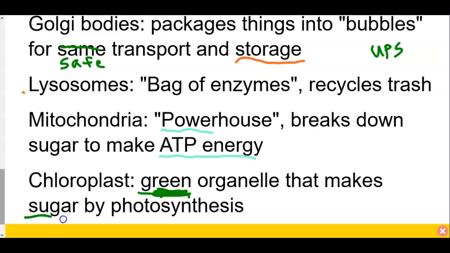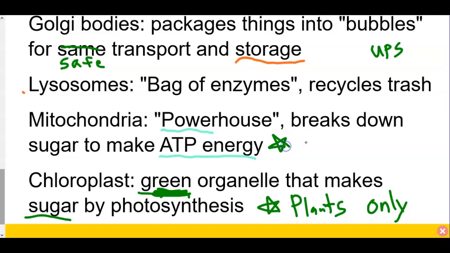Okay, so chloroplast is going to make sugar. Mitochondria breaks down sugar. Now chloroplasts are only in plants. You do not look green as a human. You can't do photosynthesis, which means make sugar using light. Photo means light. So chloroplasts are only done by plants.